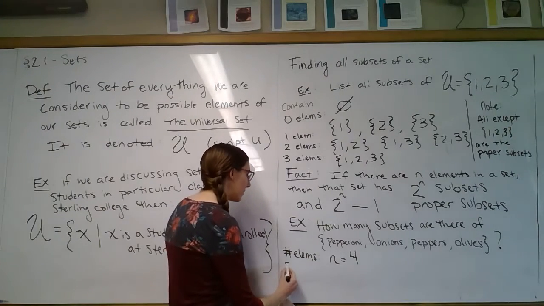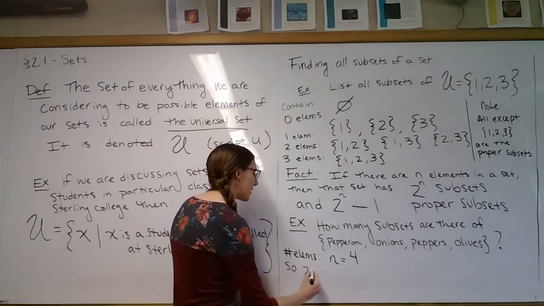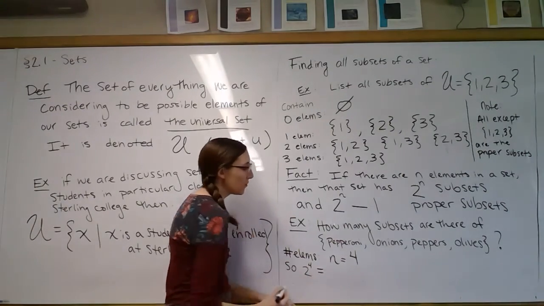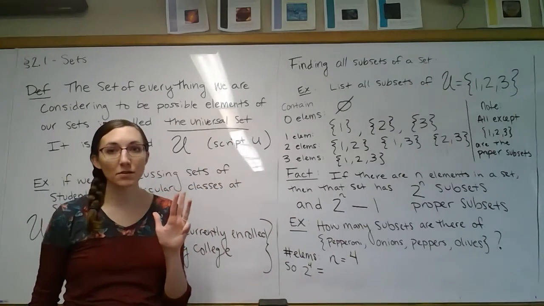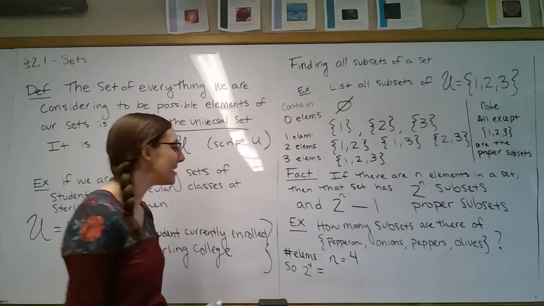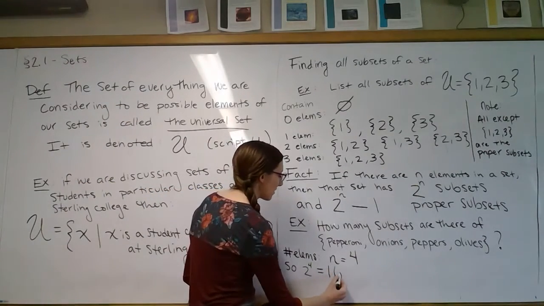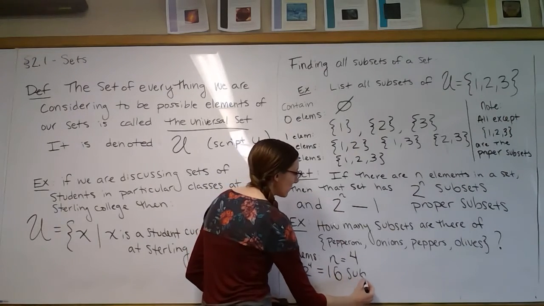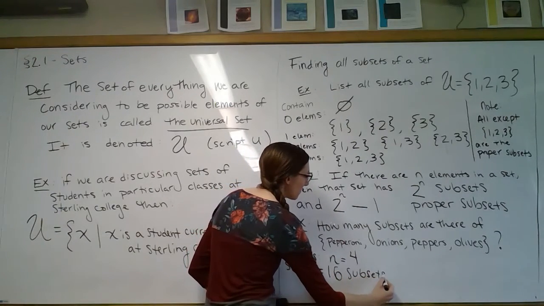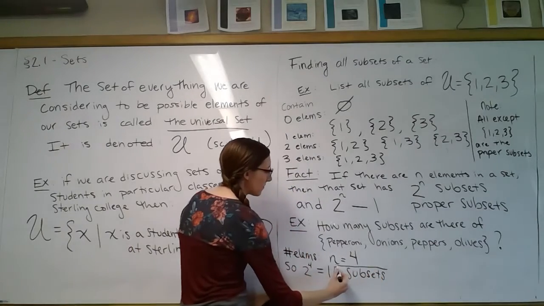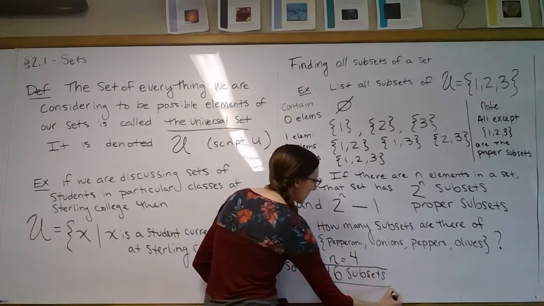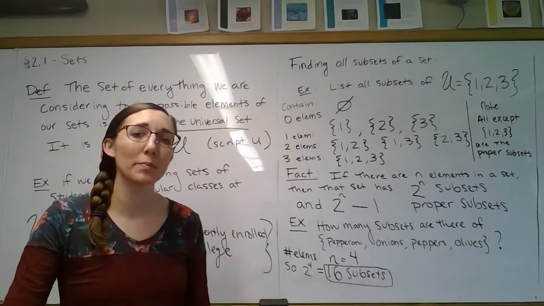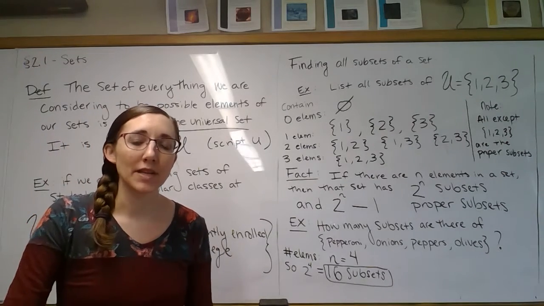So we would have 2 to the power of 4, which is 2 times 2 times 2 times 2, which is 16 subsets. So 16 subsets, 16 possible pizzas with these different toppings.